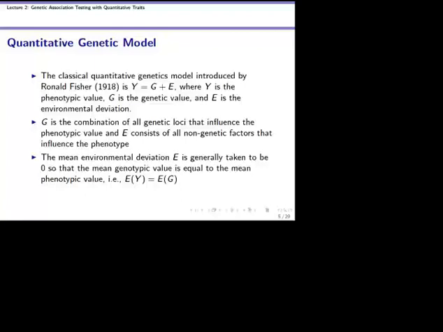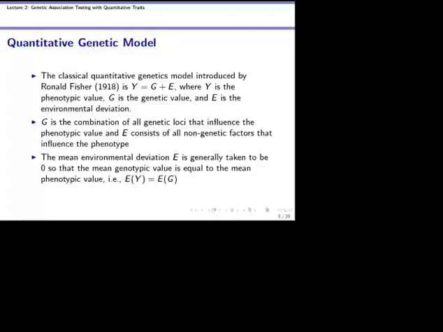But then there's going to be some environmental factors too, right? Height is not a great example for environment, because like I said, height is largely genetic. But you could think of something like cholesterol levels, where environment may have a huge impact, where genetics may not have as much impact as the environment. The idea is some people are going to have some environment that's going to increase their trait value.